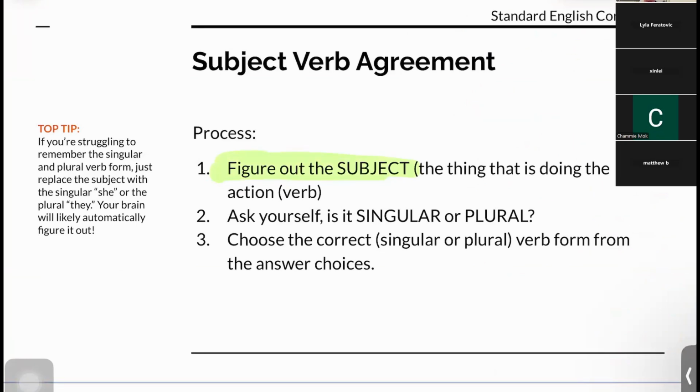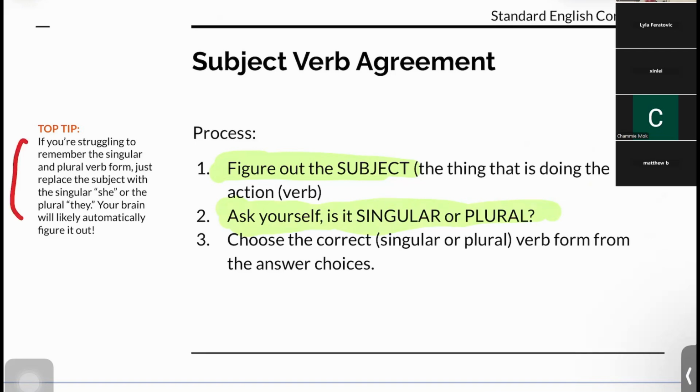When you're talking about verbs, you might be replacing or filling in the predicate of the sentence. It might not necessarily be the predicate, but figure out the subject of the sentence. And then once you've found that subject, determine whether that subject is singular or plural. If it's that simple, you can choose the correct answer just from there. Tense might also be a factor, but step 1 is to find that subject and determine whether it's singular or plural.